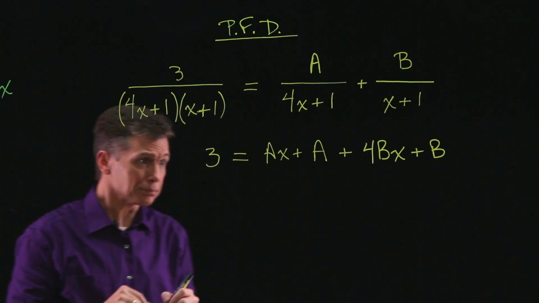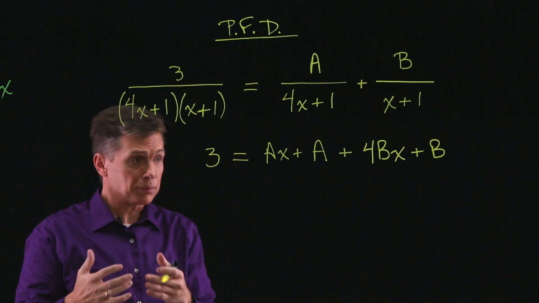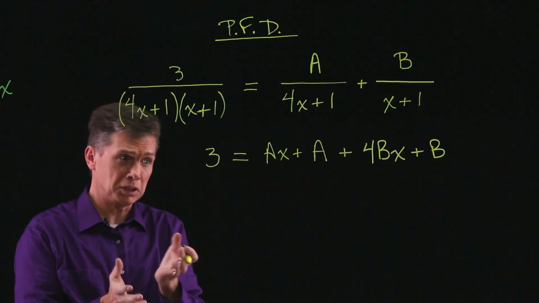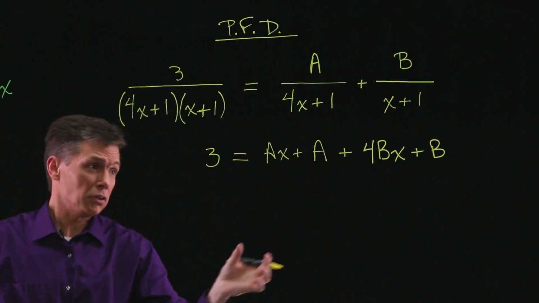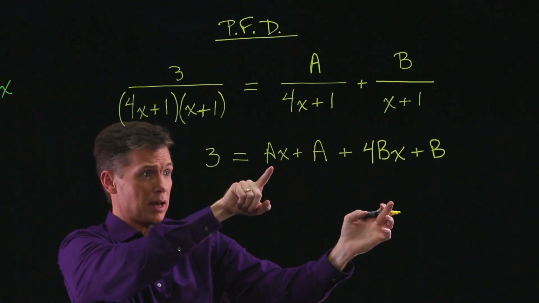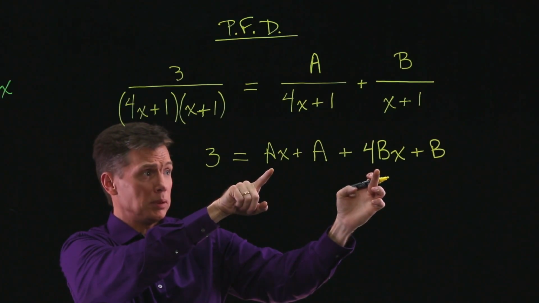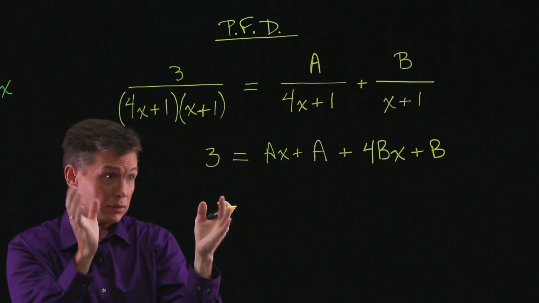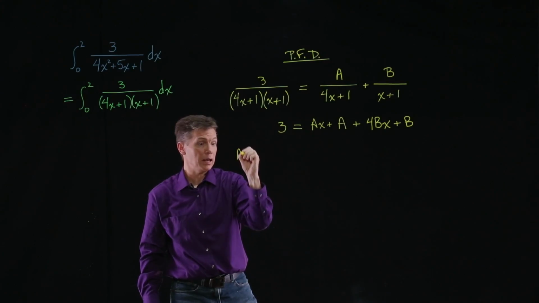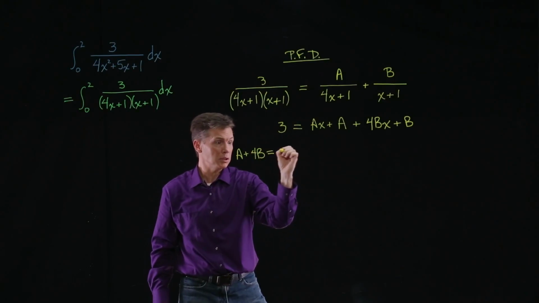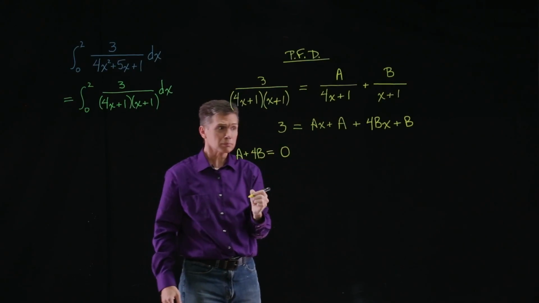Look okay? All right, and then the deal with the partial fraction work that you do at this point, I always see it as a bit of a balancing act. On the right-hand side, look how many x's you have. I have A plus 4B x's, and on the left-hand side, I have no x's. So that tells me that A plus 4B has to equal 0.